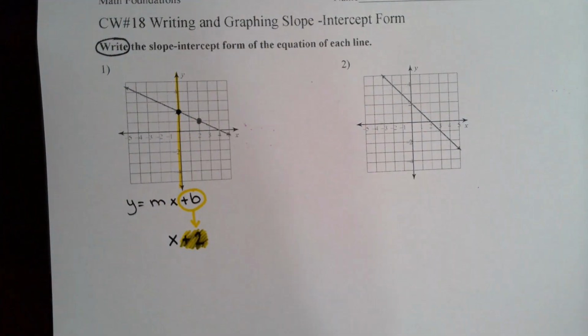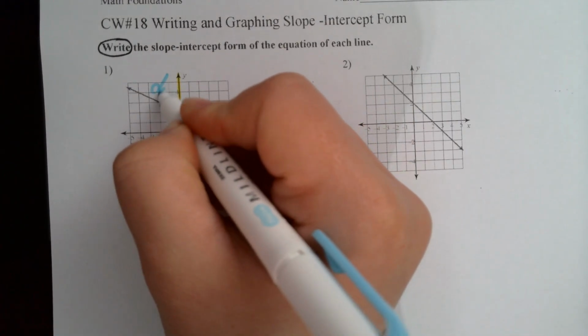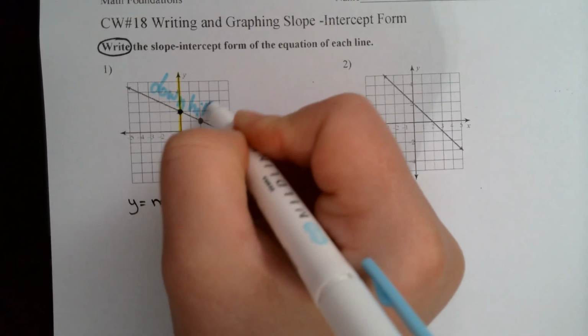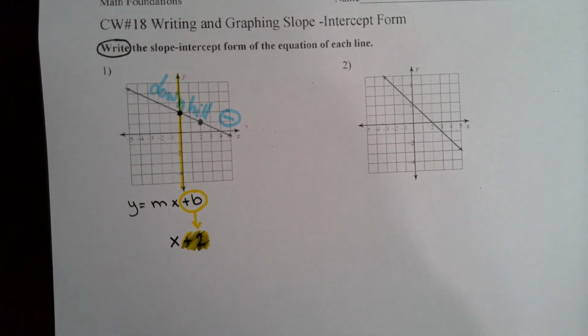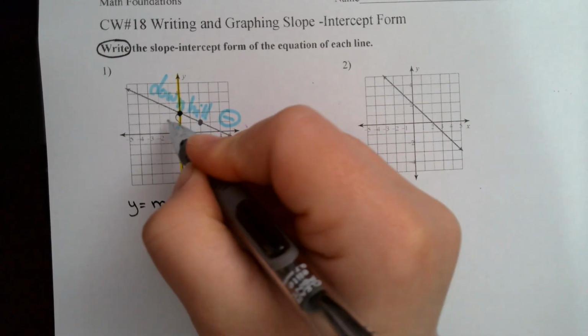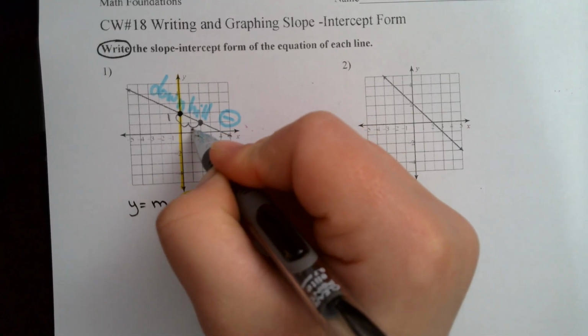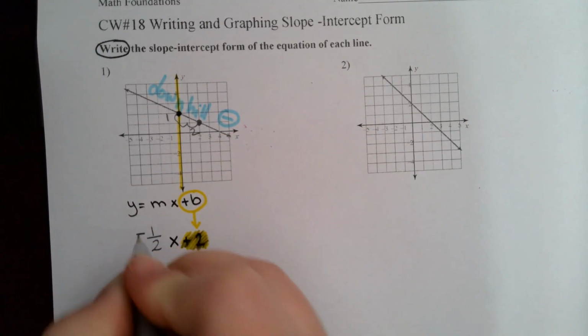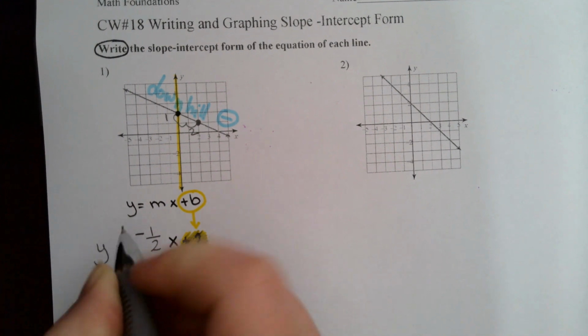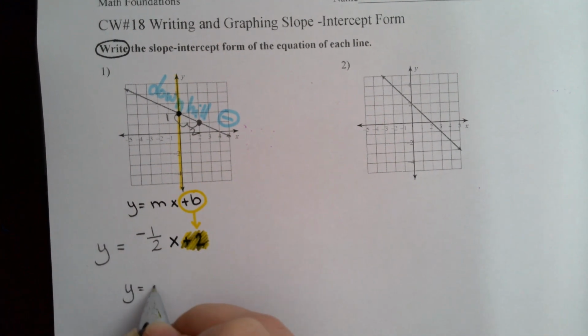And again, you have to ask yourself, is this increasing or decreasing? I am going downhill. So the slope is going to be negative. And I'm going downhill 1 jump and then 1, 2 to the right. So 1 jump, 2 to the right. It is going to be negative because we're going downhill. So our equation, I will be rewriting that as -1/2 x plus 2.